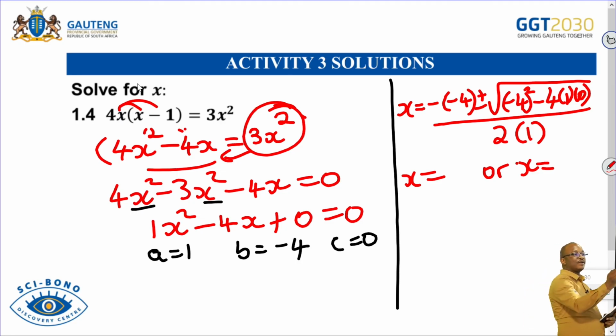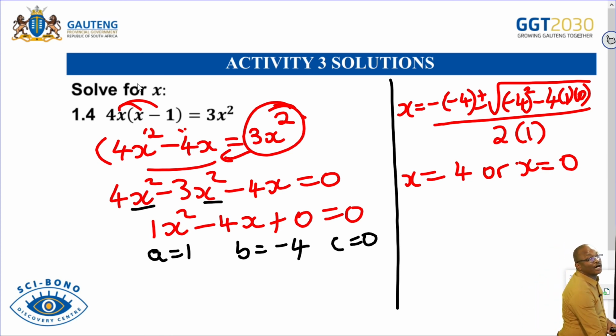Then the first one, you will get 4. And then now when you check the second one, you will have 0. So that is how you use your quadratic equations or the quadratic formula.